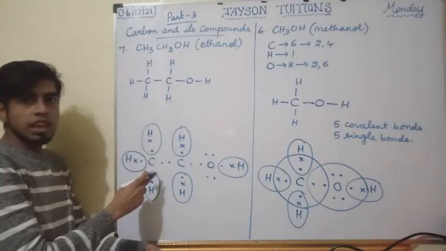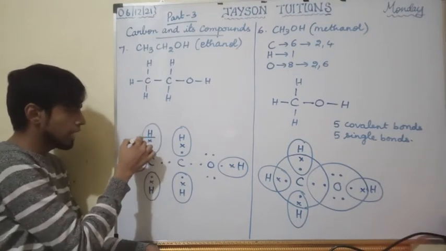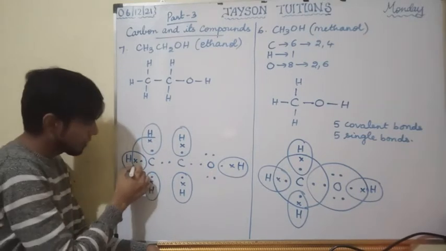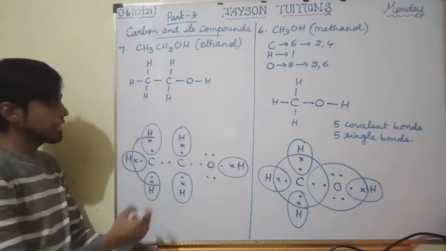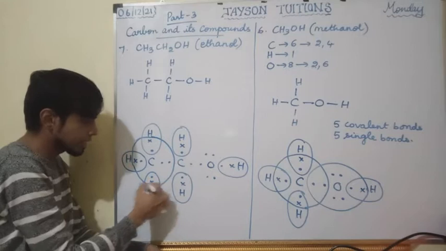Coming to this carbon, it is already having 4 electrons, 5th electron from hydrogen, 6th electron from hydrogen, 7th electron from hydrogen, and 8th electron from the neighboring carbon it will get.